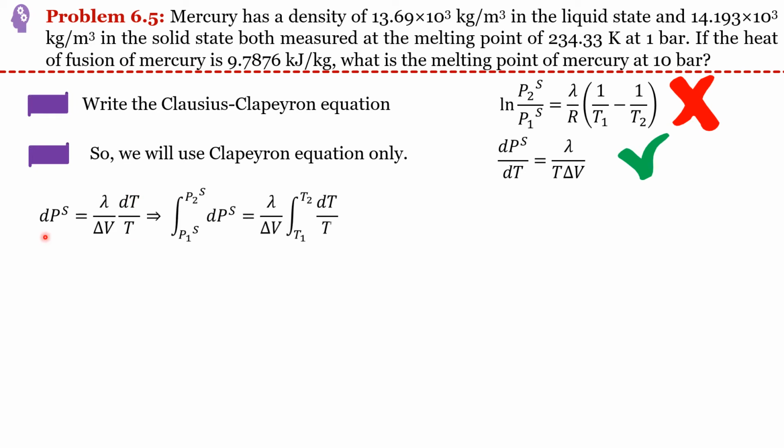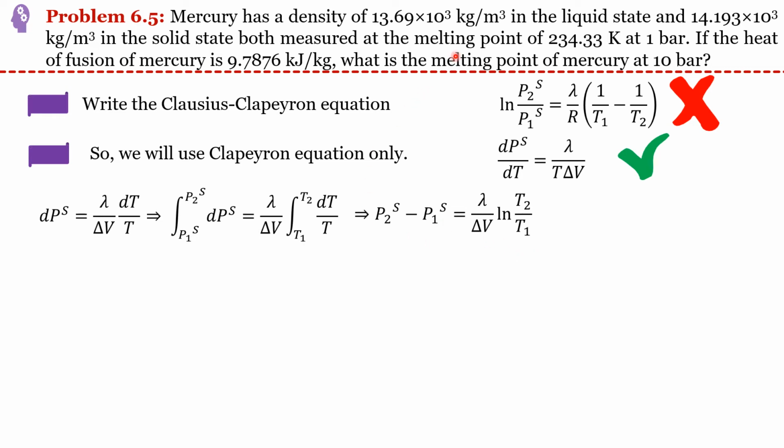Further, we can take the limits. We want to find the pressure from point 1 to 2, and the corresponding limits will be T1 to T2. So we can write P2 minus P1 equals lambda divided by delta V times ln(T2/T1).